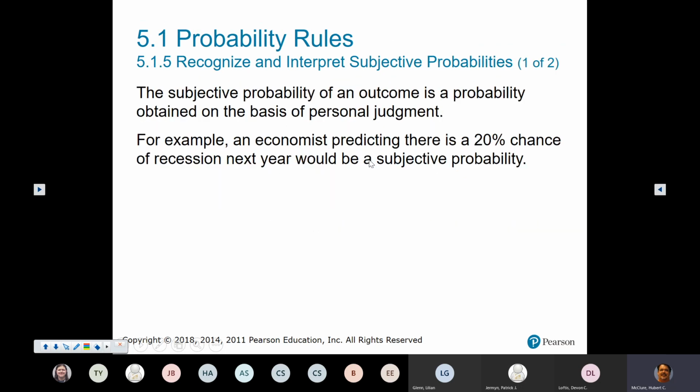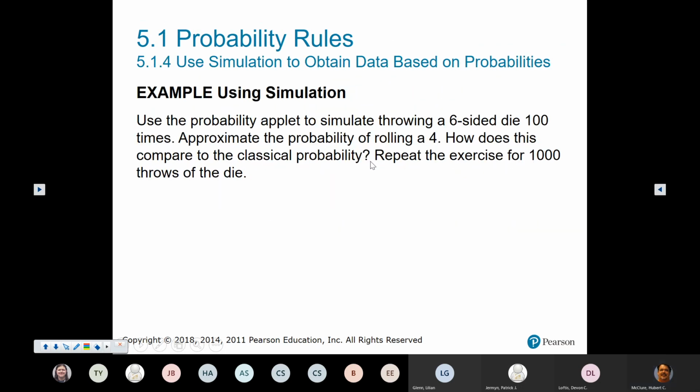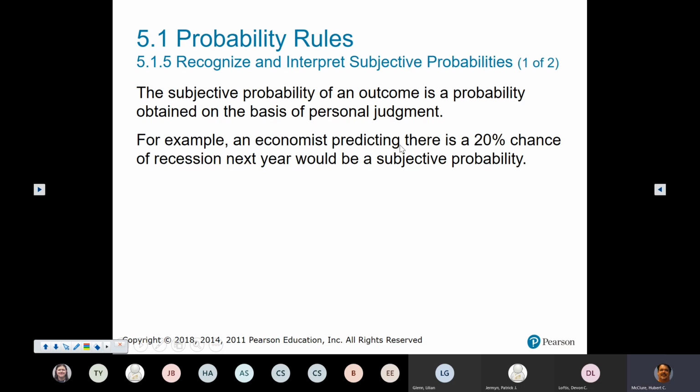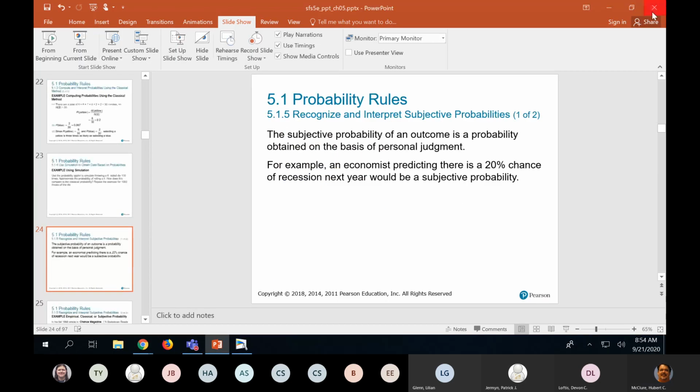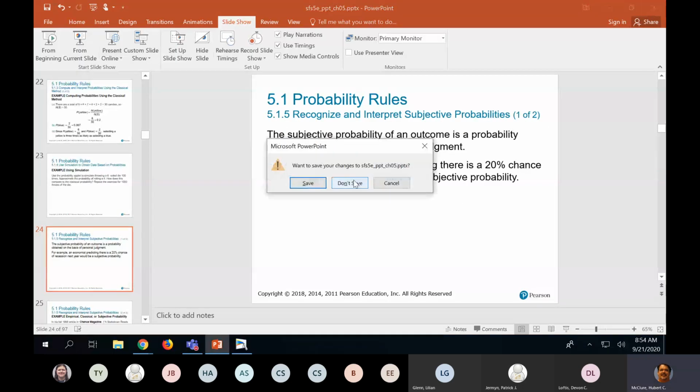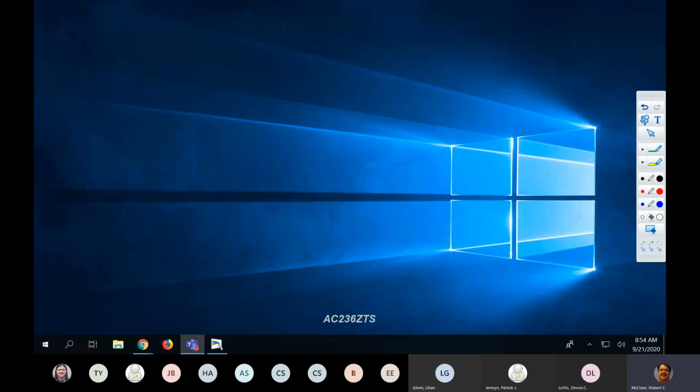Yeah, we'll stop at subjective. All right, I need you to put in your notes that we're stopping at subjective. I want to stop there, and I'm going to shut this down and shut off the recorder.